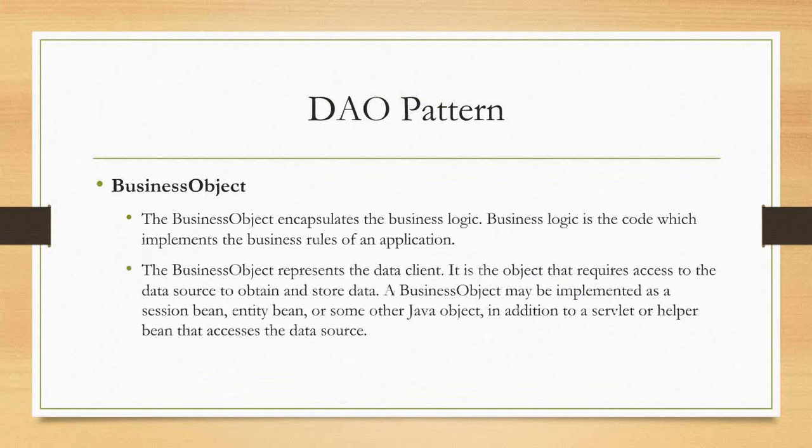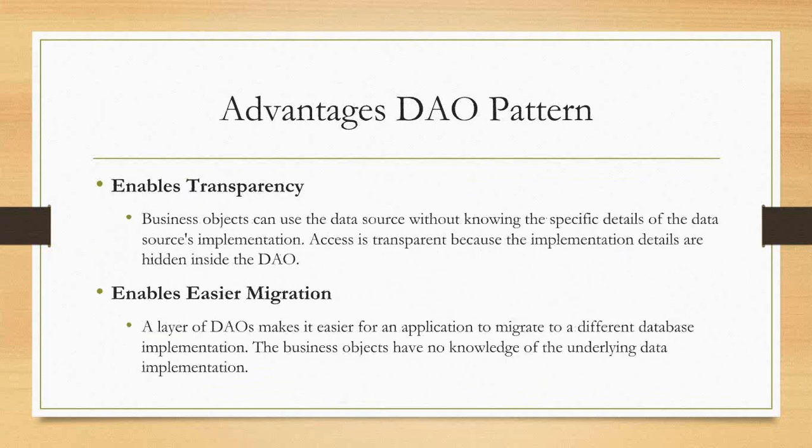So the advantages of using this DAO pattern, first of all, it enables transparency. How? You see, as I told you people, these DAOs will be used by business objects or any other data clients.